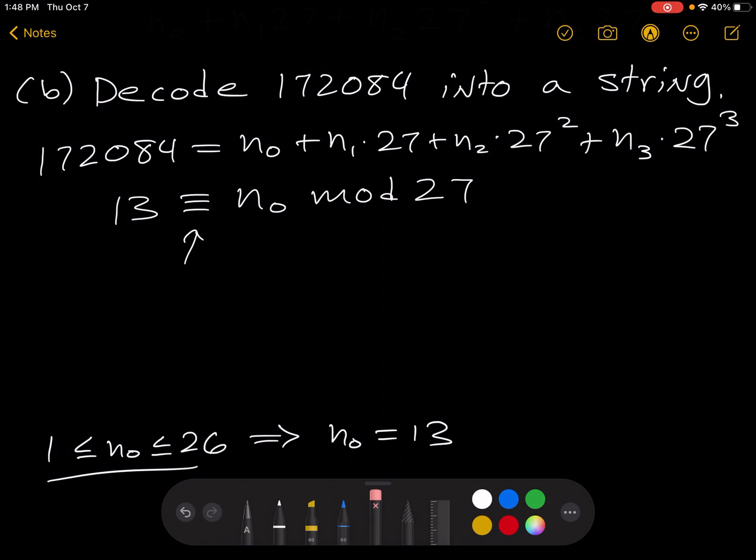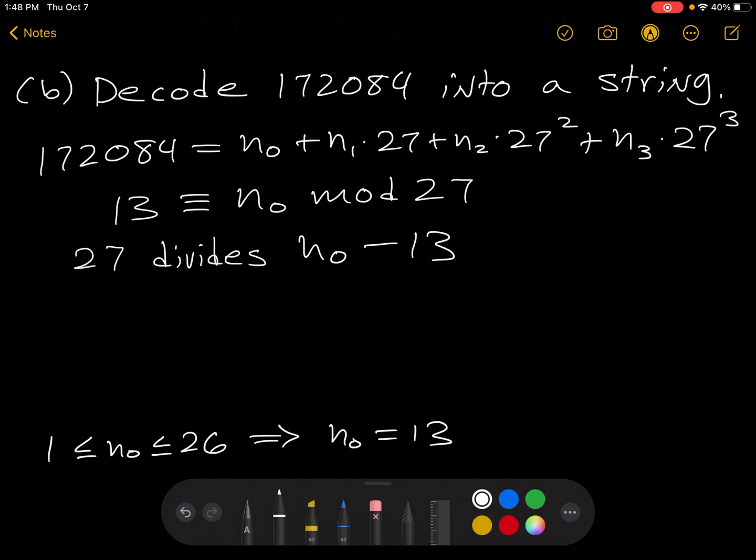And let me show you why. All right, so remember what 13 congruent to n0 mod 27 means. This means that 27 divides n0 minus 13. Now remember what that means.